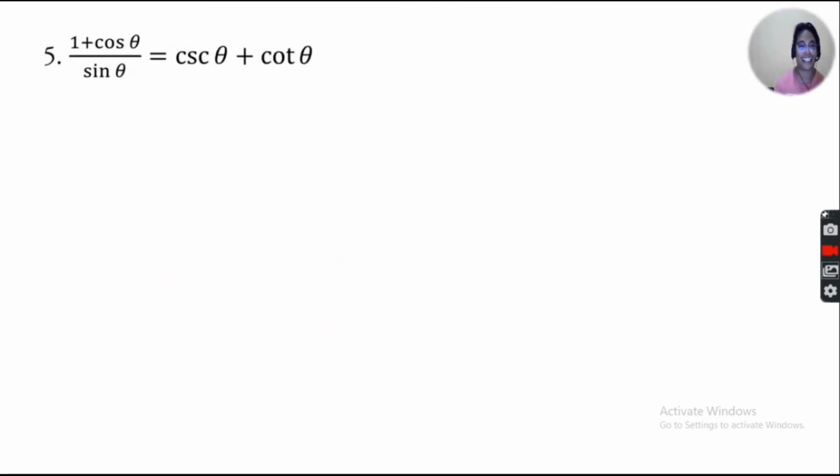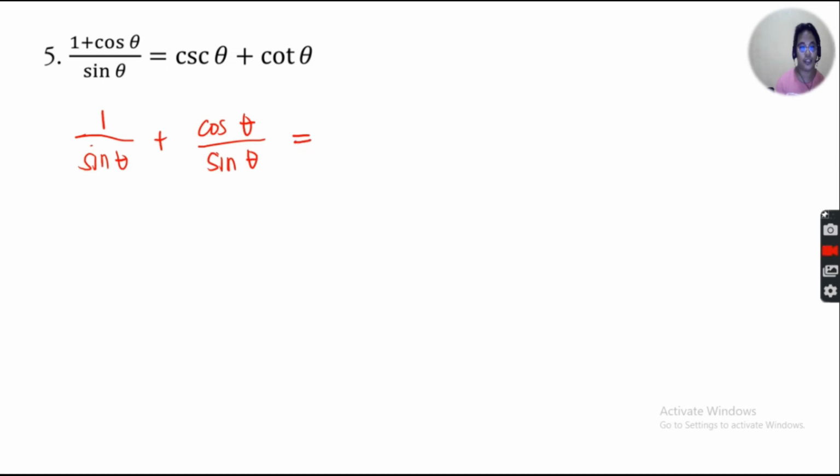1 plus cosine theta divided by sine theta is equal to cosecant theta plus cotangent theta po. So, ang gagawin po natin, separate po natin yung terms sa numerator part po. So, 1 over sine theta plus cosine theta all over sine theta po.